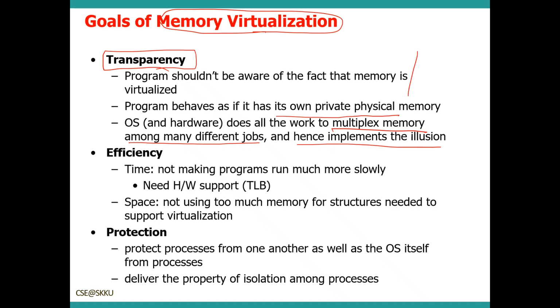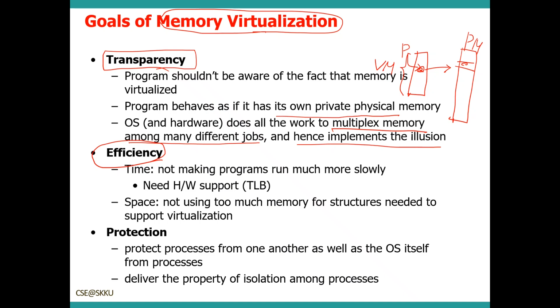So as I explained in the previous slide, each process considers only its virtual memory space, so it accesses this virtual address, but the operating system translates the address into the physical memory address. Okay. To implement memory virtualization, efficiency is also very important.